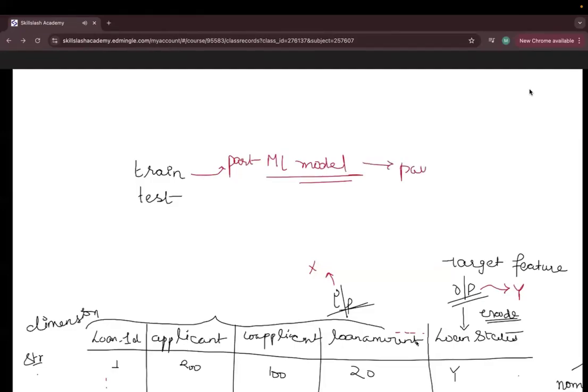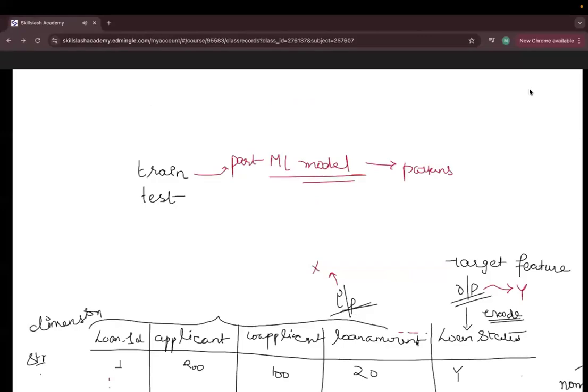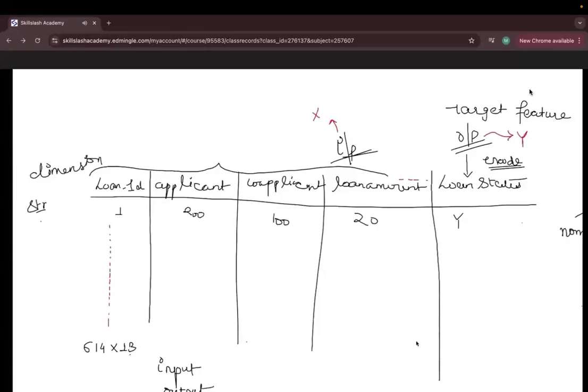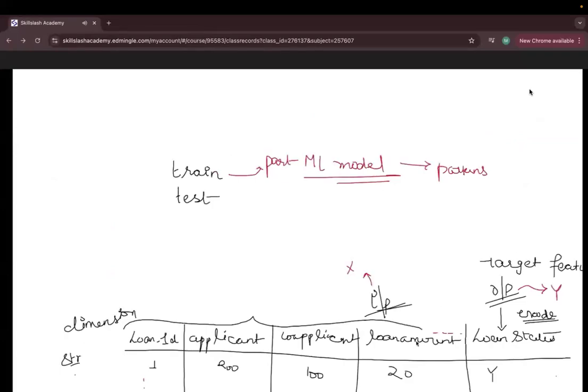Now, the question arises what you are going to get and how you are going to get it. So first we have to understand the bifurcation of training and test, which means suppose the data set has 614 rows, how many rows I am going to give as the training data set and how many rows I am going to give as the test data set. What is test?